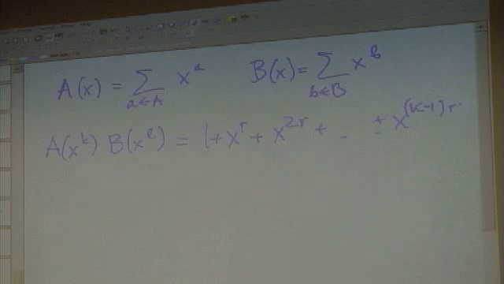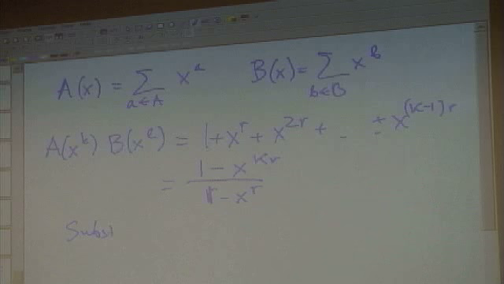And that's something that can be evaluated in a closed form. That's 1 minus x to the k times r over 1 minus x to the r. And that's going to be our substitute for the trig identity that Nazarov-Perez-Volberg used.